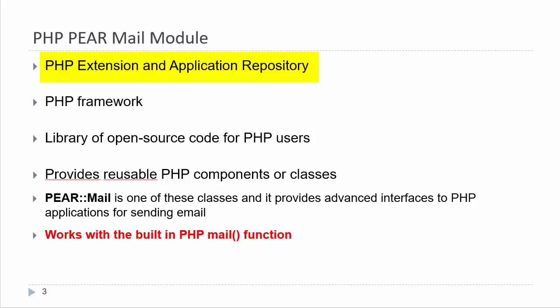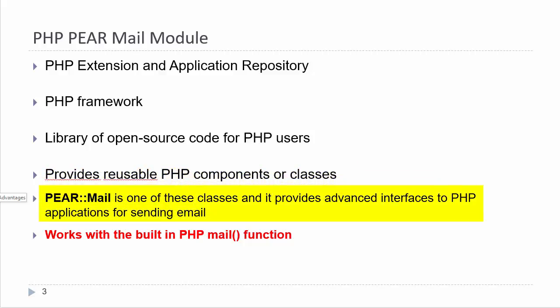It is a repository, or you might look at it as a framework of open source code for PHP users. So there are other reusable components or classes. One of these classes is PEAR Mail. And what it does, it provides an interface to the PHP application for sending email.